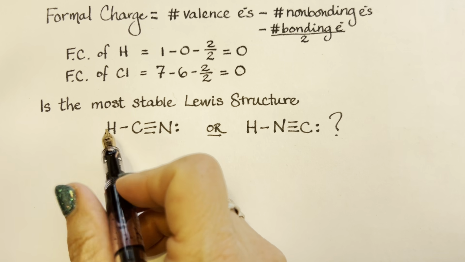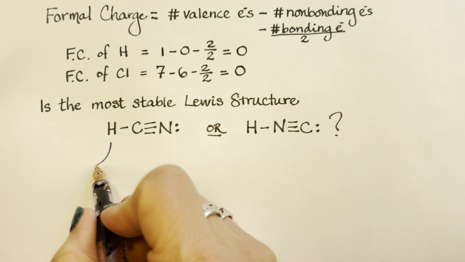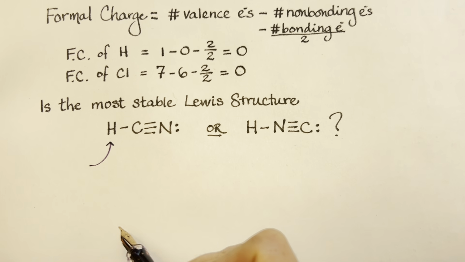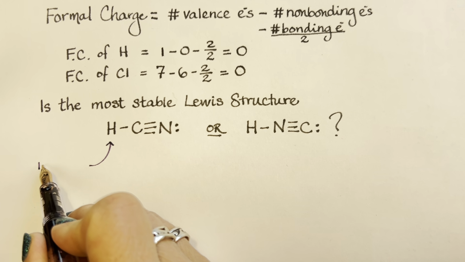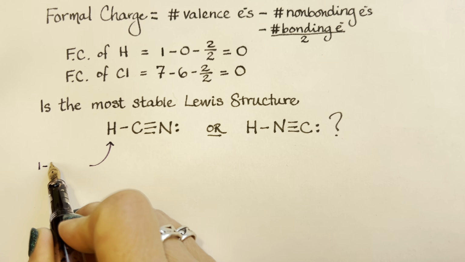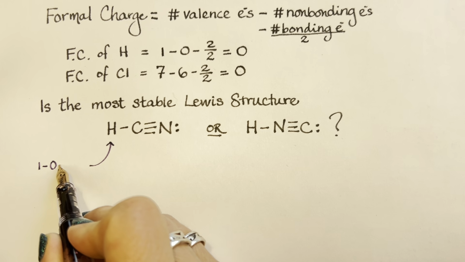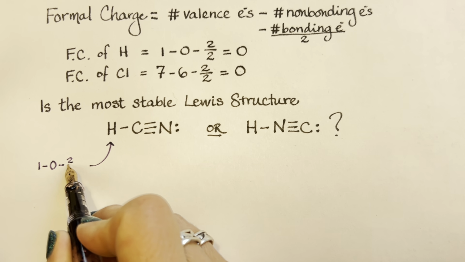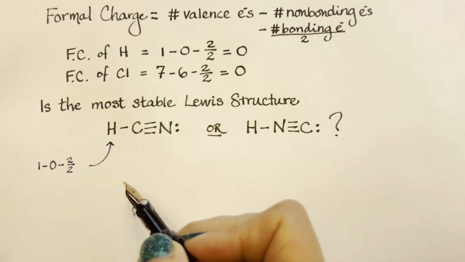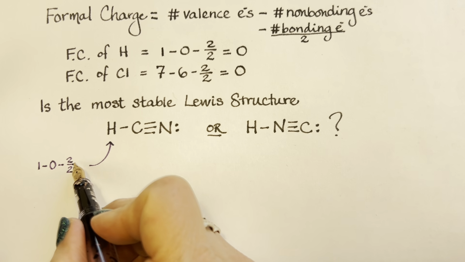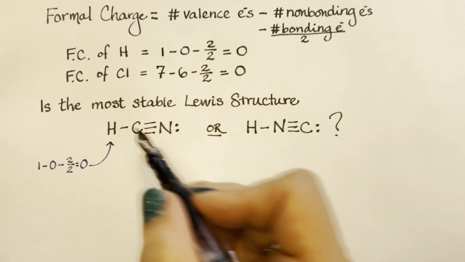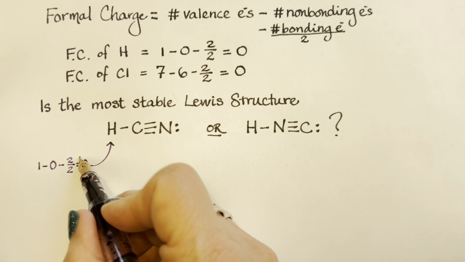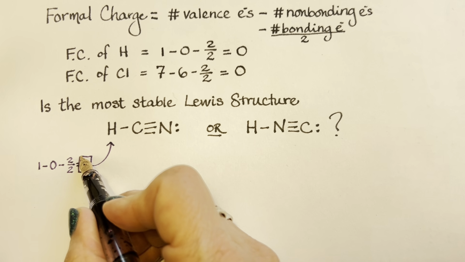All right, so for our hydrogen here, valence electrons, 1. There aren't any lone pairs, 0, minus 2 over 2, or in other words, 1. So the formal charge on hydrogen is 0. A little box around that.